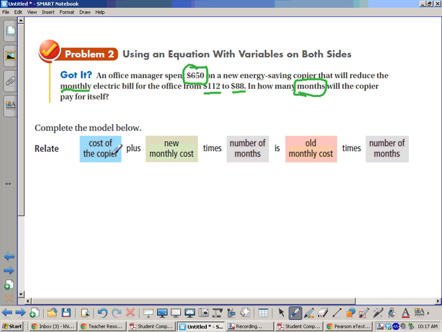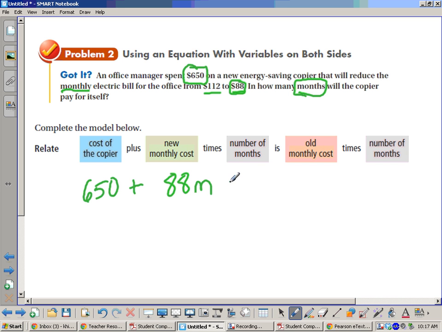So down here we have the cost of the copier was $650. Well, we're going to have to add to that. We're still going to have a monthly utility bill, and that monthly utility bill is now $88. So it'll be 88 times the number of months that you'll be operating that copier.